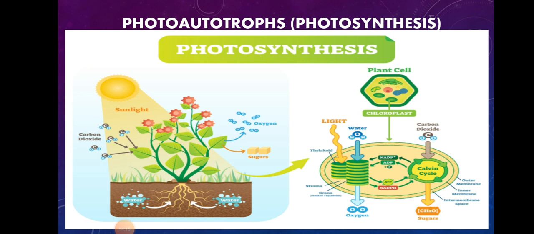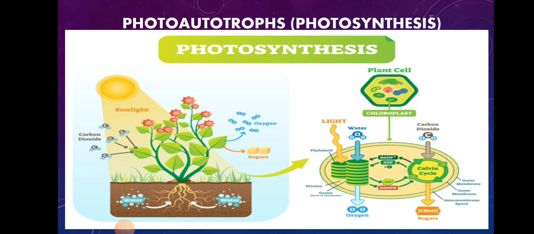Now, along with this photolysis of water, that is the splitting of water molecule, there is one more very important phenomenon happening: two high energy molecules are produced, that is ATP and NADPH, as you can see over here. ATP we already know is adenosine triphosphate, the energy currency of the cell. Along with it, one more high energy molecule produced is NADPH.